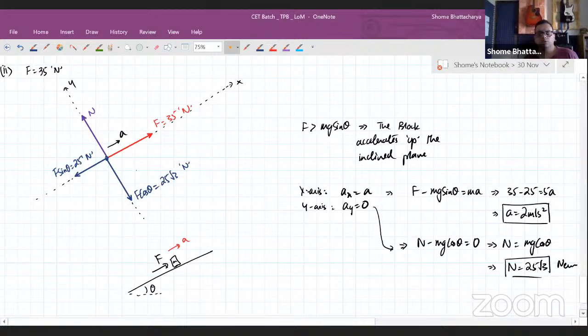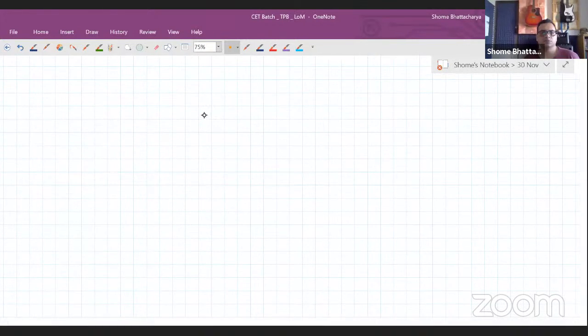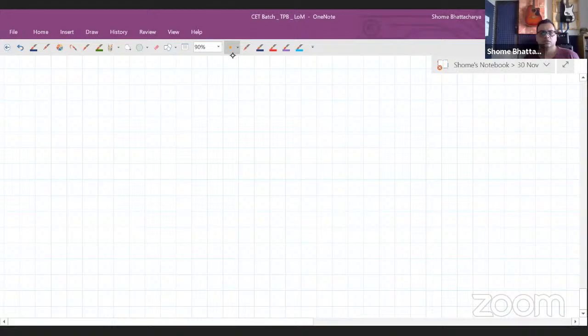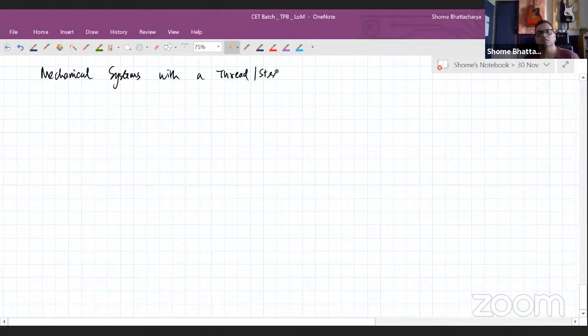Okay, next thing we will move on to now is mechanical systems with another type of force called tension. So next we will look at mechanical systems with a thread or string, or rope or chain or anything like this attached.